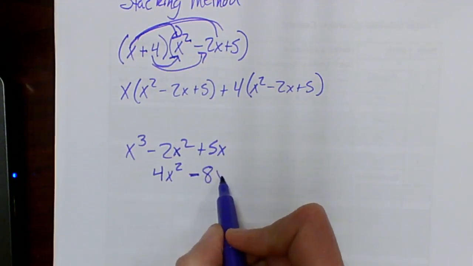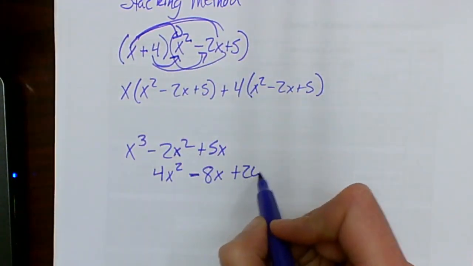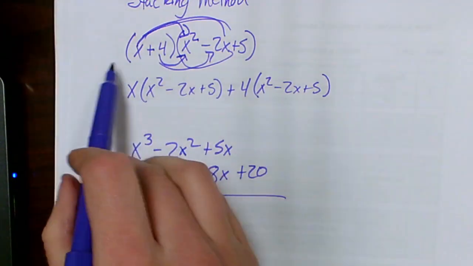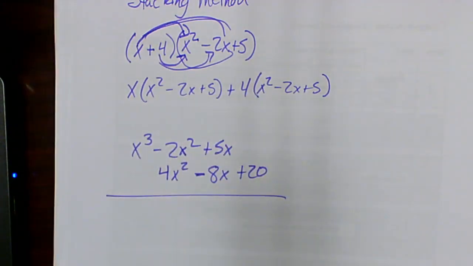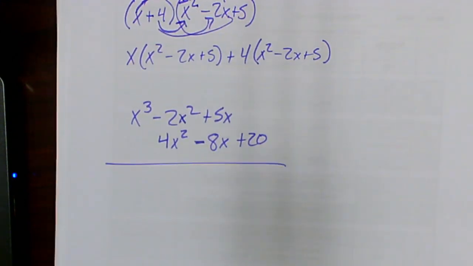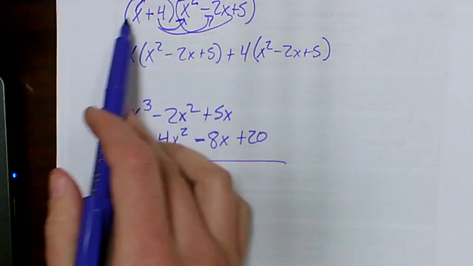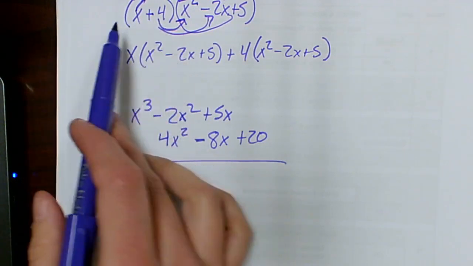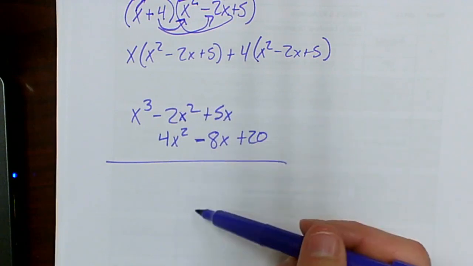Minus 8x plus 20. After you're done multiplying each term, because you can do this with two trinomials, with bigger, you can do this with any amount of terms you have in those polynomials. With the first polynomial, however many terms you have in there, that's how many rows you'll have.